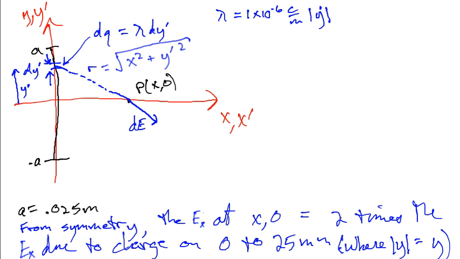And the lambda, I'll define this as b, at least for the moment. So lambda is equal to b times y prime, for y prime greater than zero, which is the only place I need to investigate because of that symmetry argument.